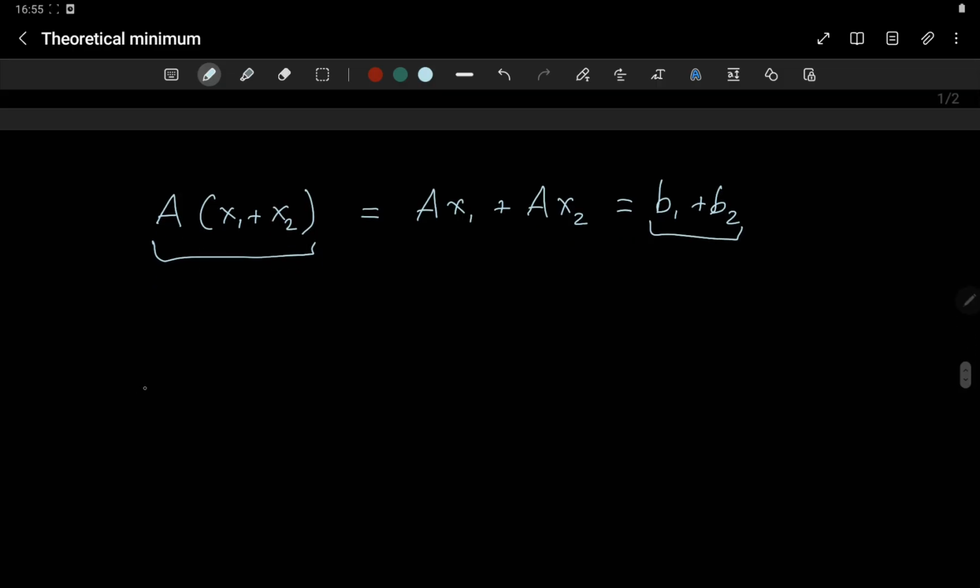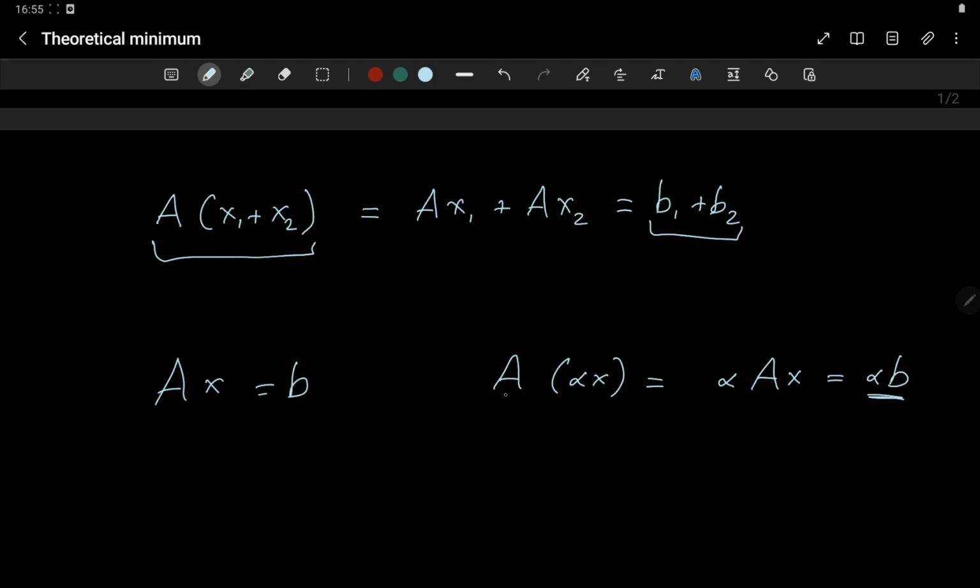And similarly, say I have Ax equal to b, let me scale my x by some alpha. A into alpha x equals alpha into Ax, which is equal to alpha into b. So when I scale x by the same amount, the answer is also getting scaled.